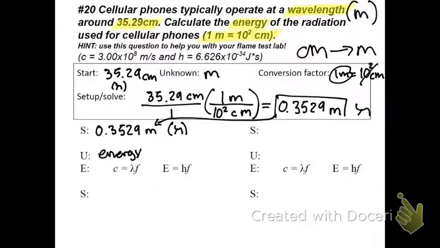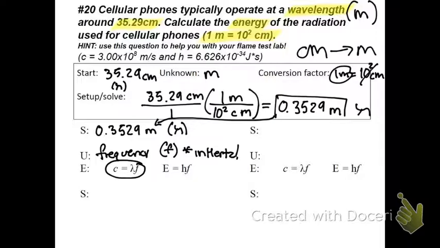So our unknown in this case is not going to be energy. It's actually going to be frequency. And remember, we measure that in hertz. So we're going to be using the wavelength formula. Plug in what we know.